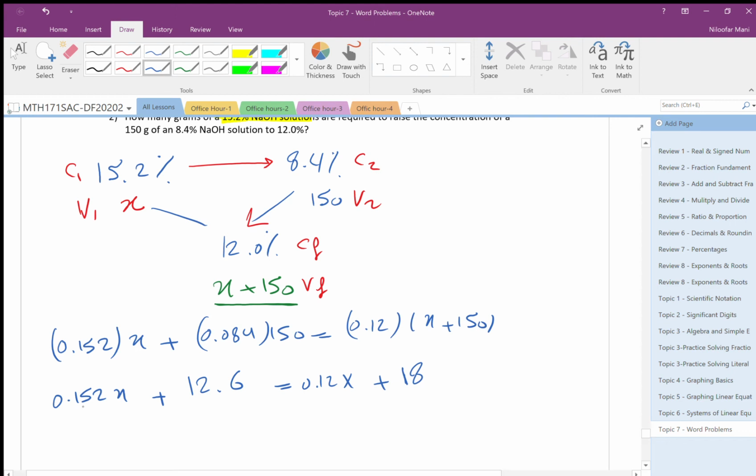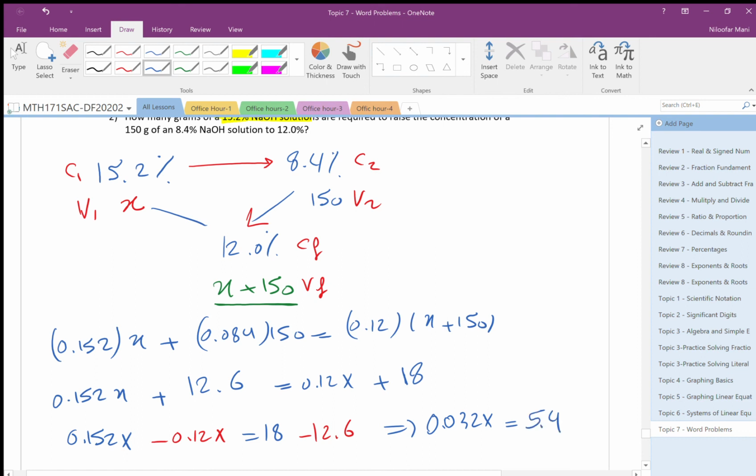So you do 0.152x minus 0.12x equal to 18 minus 12.6. So I have 0.152 minus 0.12, which is 0.032x, equal to 5.4, right?